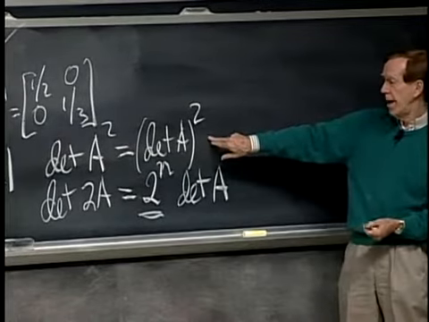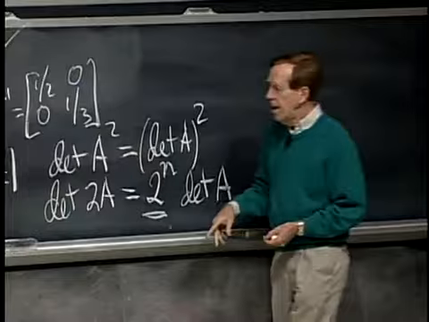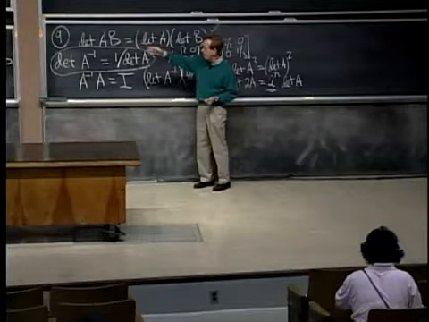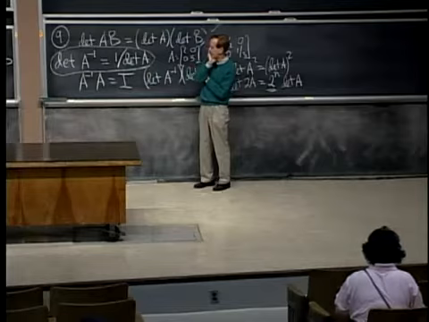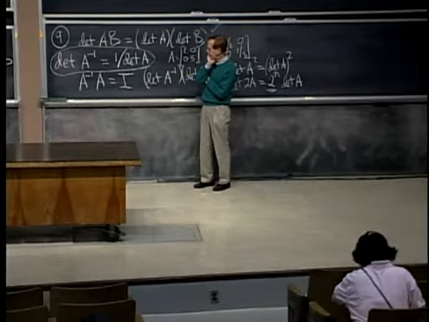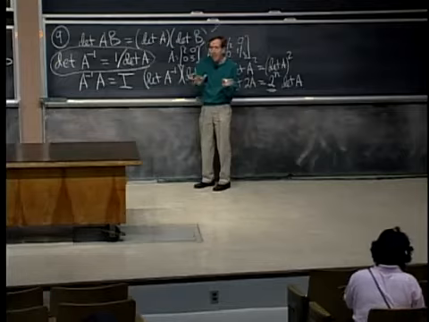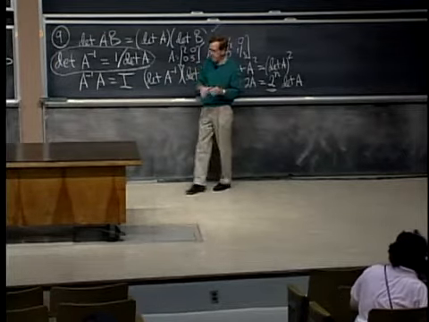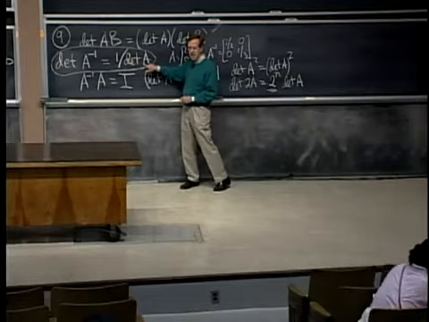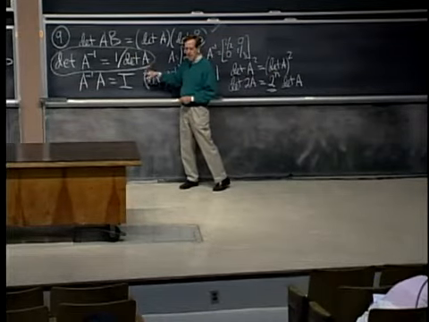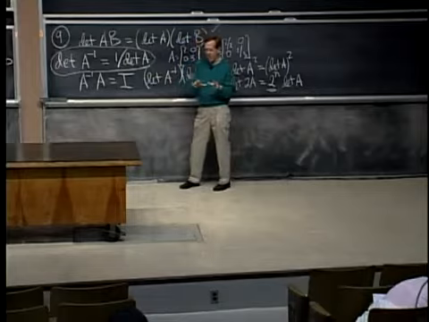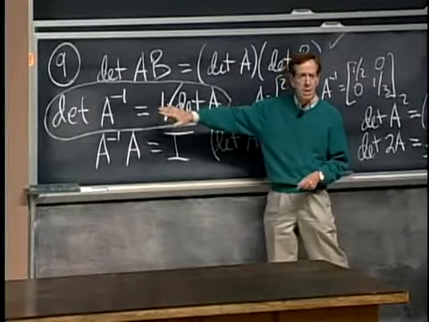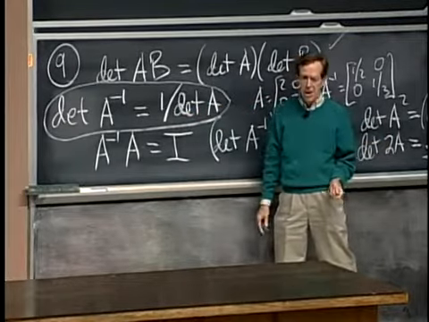This is rule 9. And notice the way this rule sort of checks out with the singular, non-singular stuff. If A is invertible, what does that mean about its determinant? It's not 0, and therefore this makes sense. The case when determinant of A is 0, that's the case where my formula doesn't work anymore.